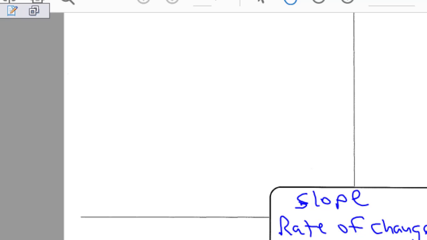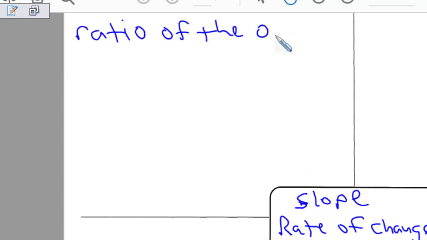So in the upper left-hand corner, we're going to write more of a definition of slope. Slope is the ratio, let me start over here, sorry.